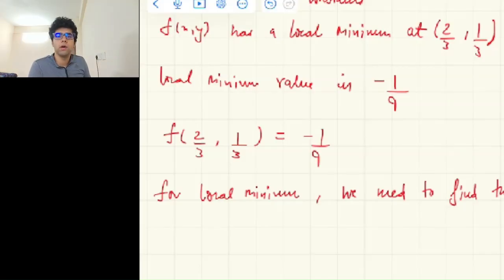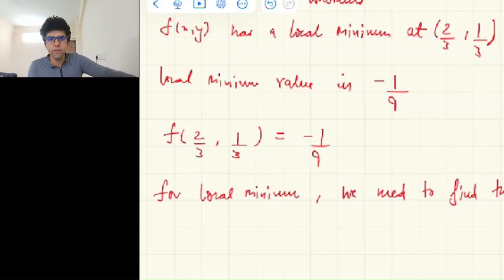For example, 2/3, 1/3 is an interior stationary point. Why is it an interior stationary point? Because the condition of local minimum says that an interior stationary point has to fulfill certain conditions, and then we say that it is a local minimum.